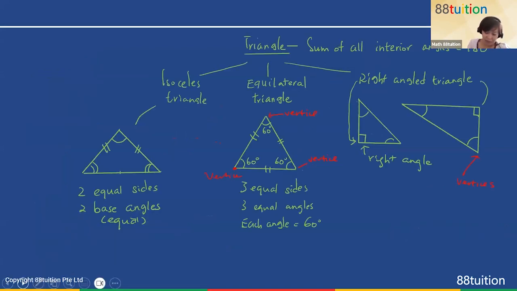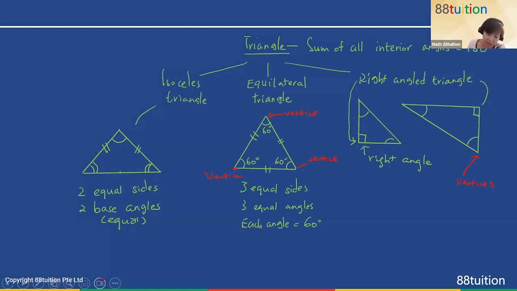Coming to triangles, there are many types of triangle, and the sum of all interior angles in the triangle adds up to 180 degrees. We have different types of triangle: isosceles, equilateral, and right angle triangle. An isosceles triangle has two equal sides and two equal base angles. An equilateral triangle has three equal sides and three equal angles. A right angle triangle has a 90 degree corner, and all interior angles add up to 180 degrees.